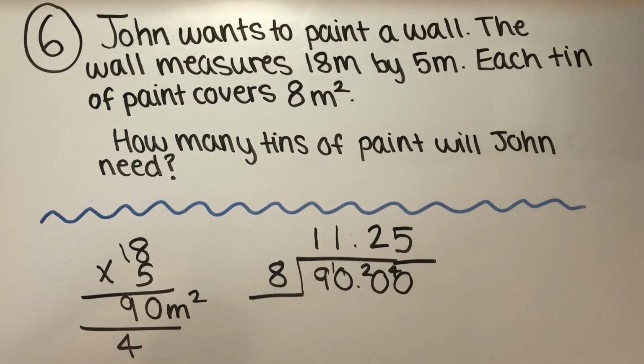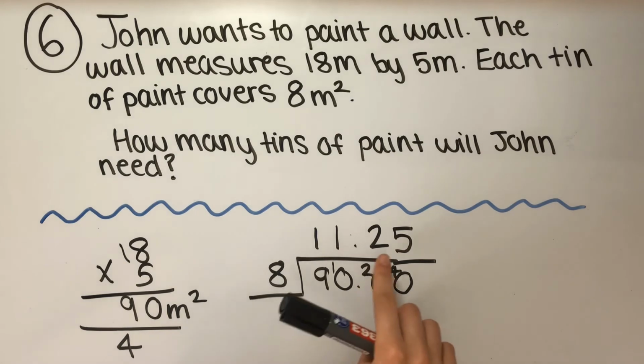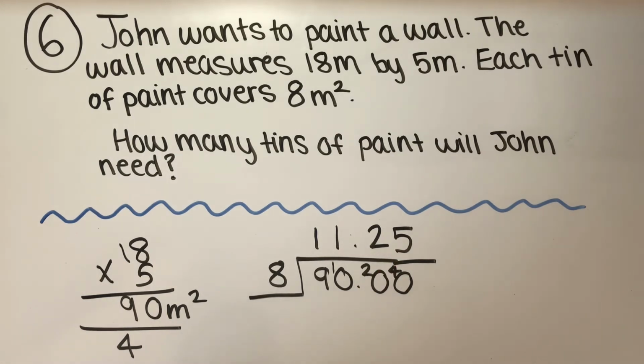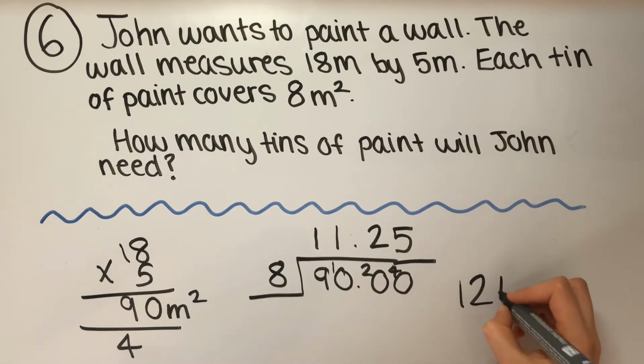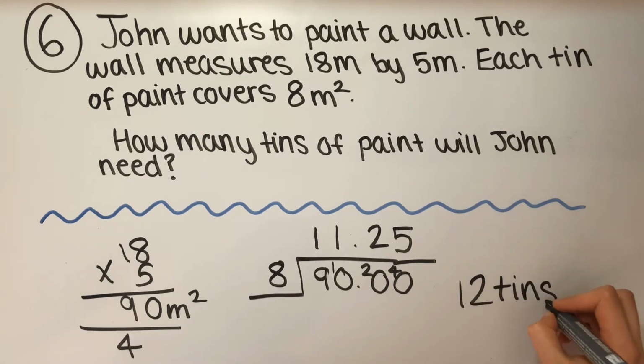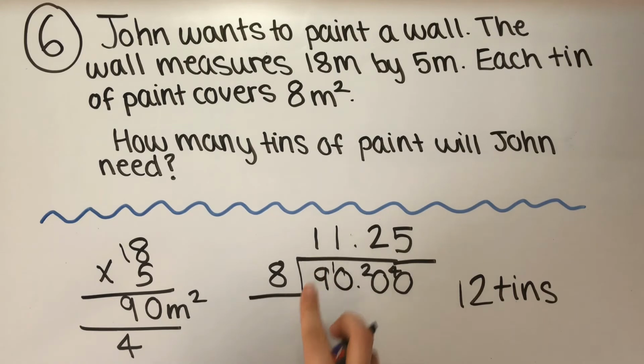So we need 11.25 tins, but we can't have 0.25 of a tin, so we need to round it to 12 tins. We can't have 11 tins because that won't be enough, so we're going to have an extra tin. That brings us to 12 tins.